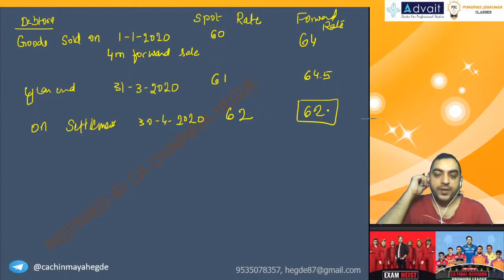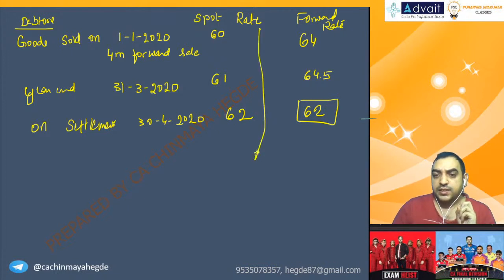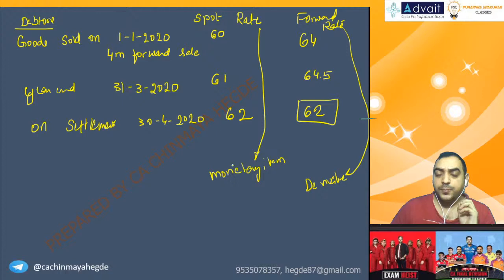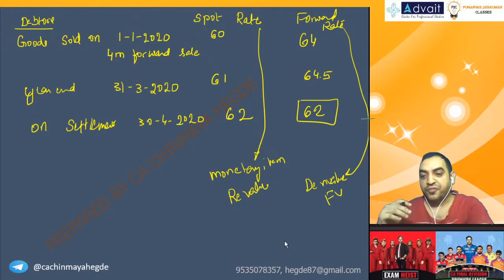Okay, now what is happening? Please understand. In normal circumstances, this is a monetary item, debtors, and this is a derivative. So in the year end, you will be revaluing it, reassessing it, and the derivative also you will be computing the fair value of it.